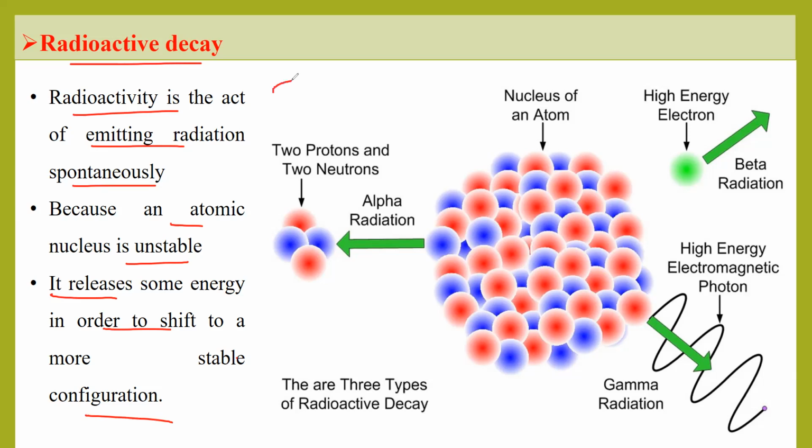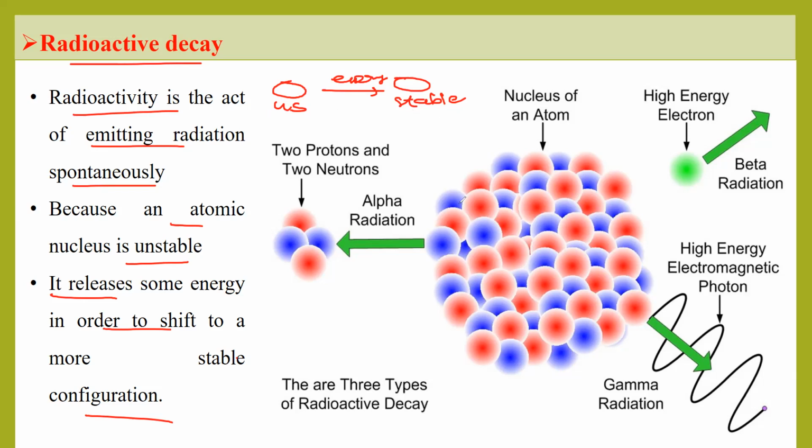So for example, this is an unstable nucleus. When it emits energy, it turns into a stable nucleus. So a nucleus emits radiation because it wants to be stable.